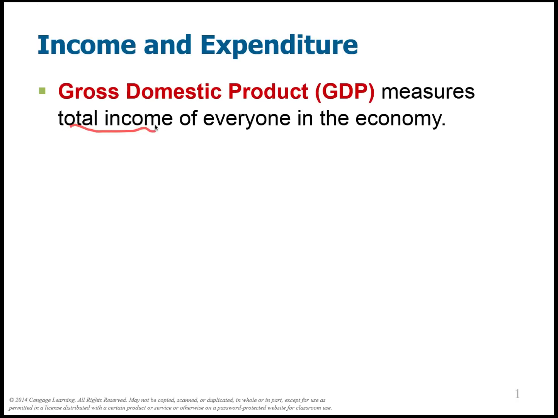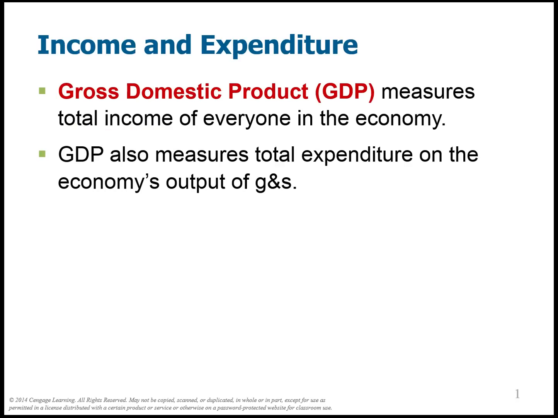So it's actually a really handy tool for figuring out the welfare, or how everybody is doing in the economy. Because if you zoom out to the level of the economy, any income from one person, every single amount of money that's gained by one person, has to be an expenditure by somebody else.